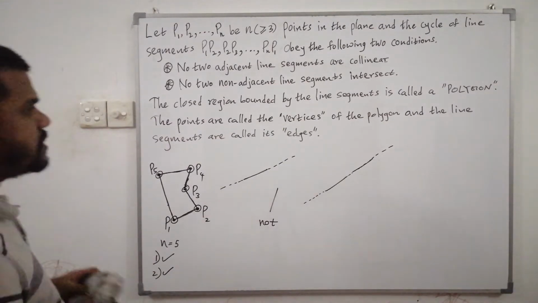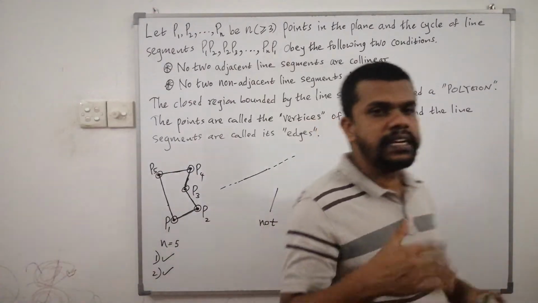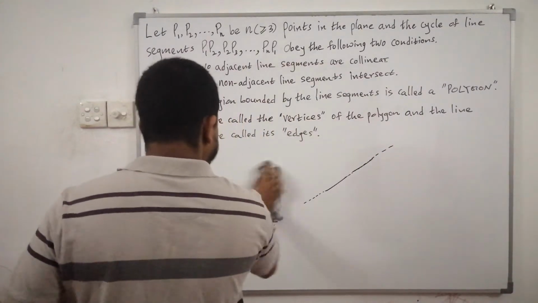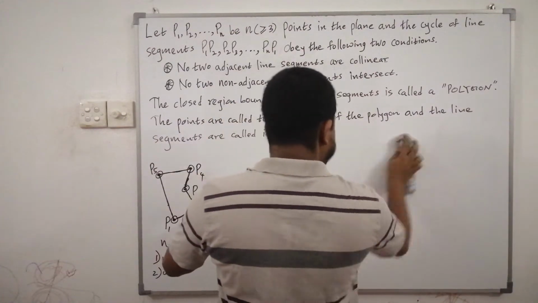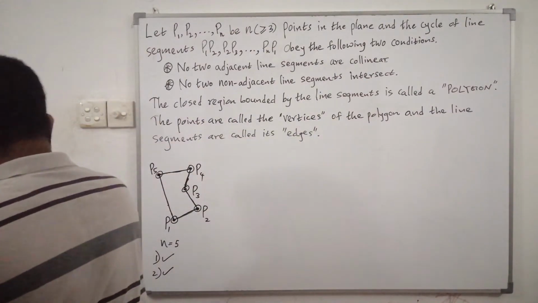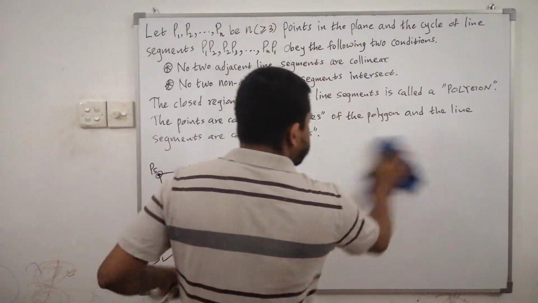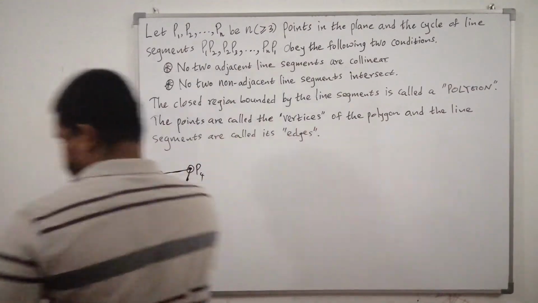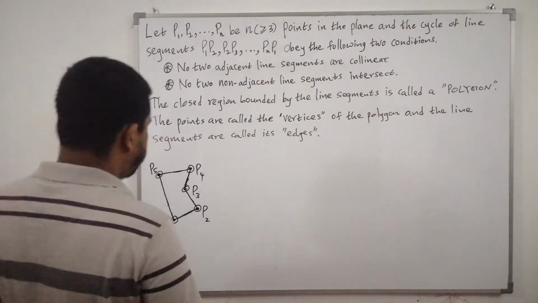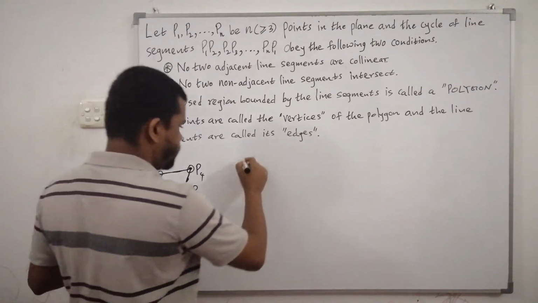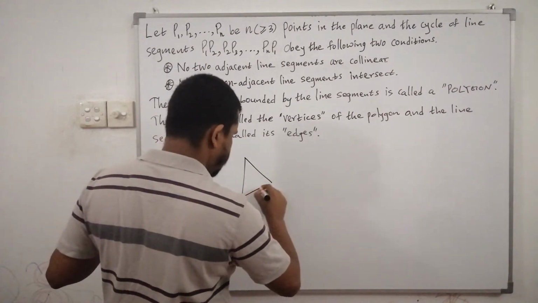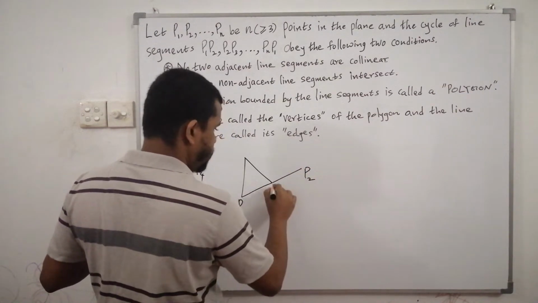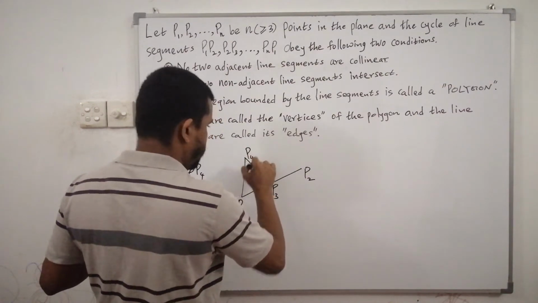Now, our question is, can any cycle of line segments bound a polygon? Let's see. Let's consider this one, P1, P2, P3, P4.